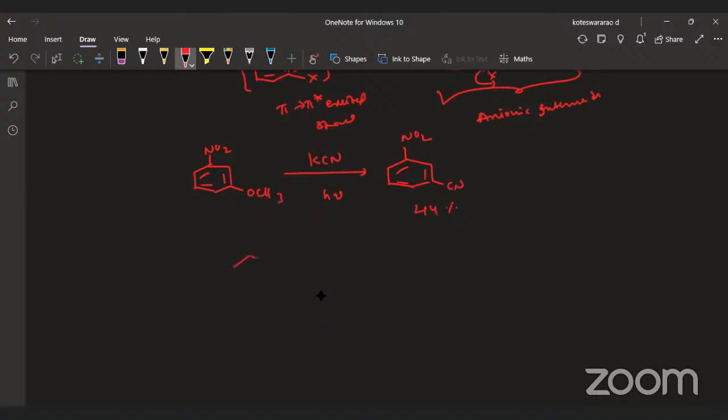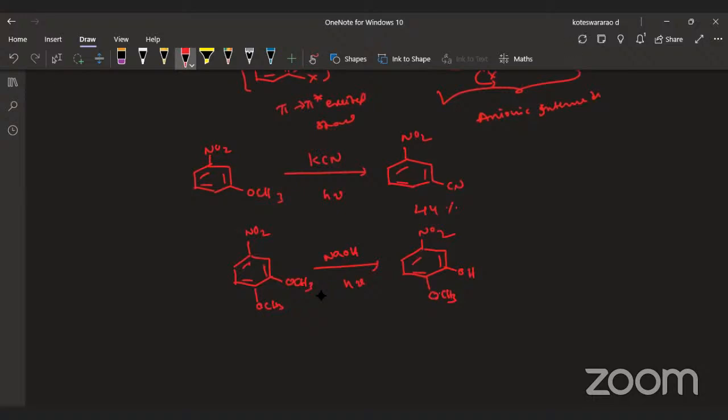Similarly, with the disubstituted product, nitro with OCH3 and OCH3, under sodium hydroxide alkaline condition, that leads to replacement of one of the OCH3 with OH. Here we have seen several examples.